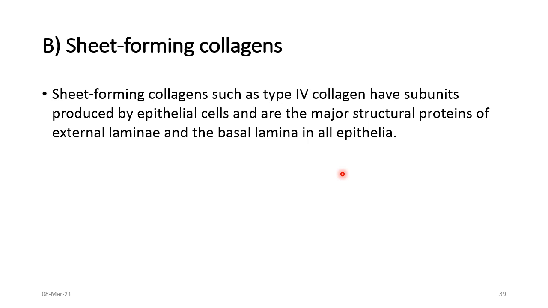Okay, so sheet forming collagens are found in the external lamina and the basal lamina of the basement membrane, external lamina of muscles and nerves.